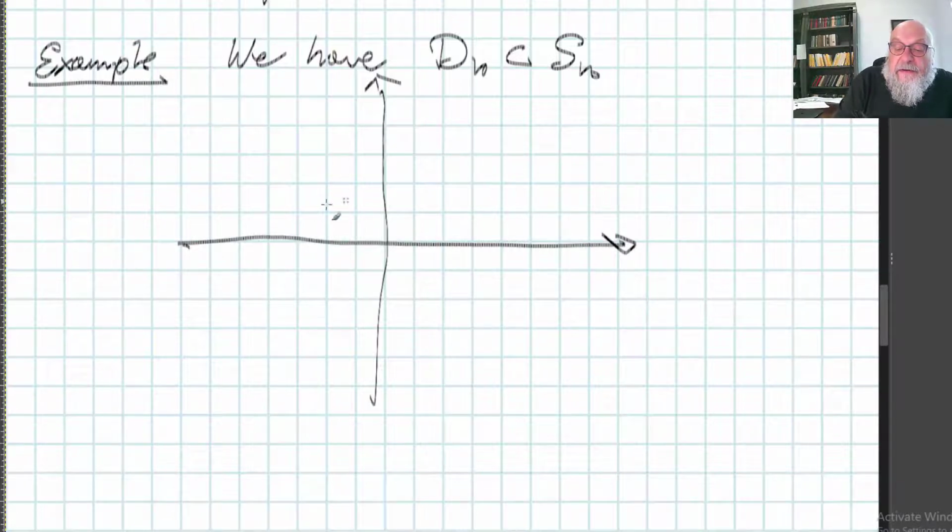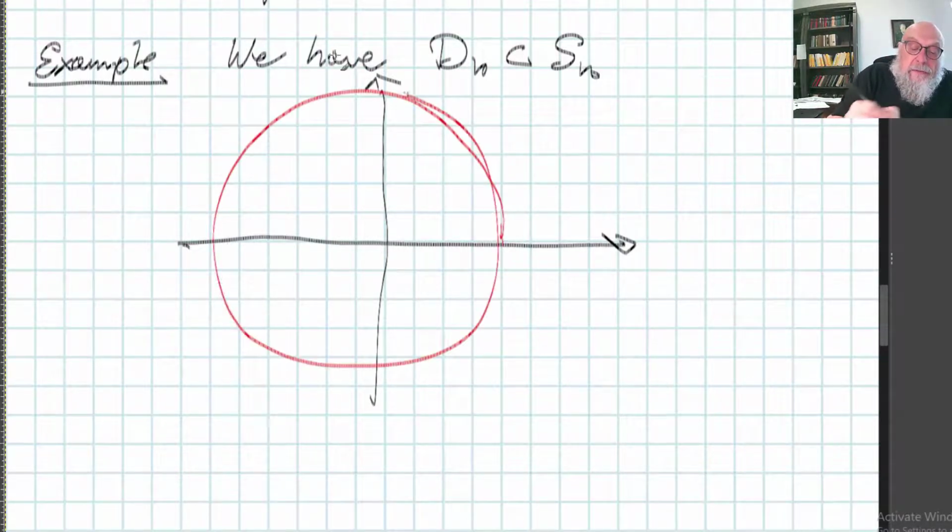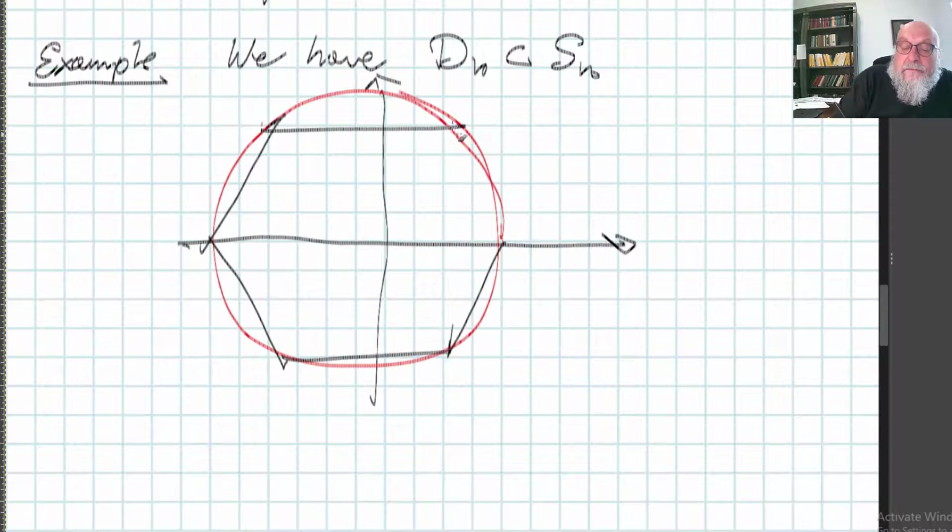Start with a circle, then we have the polygon. The polygon is regular. This is number 1 standing here.